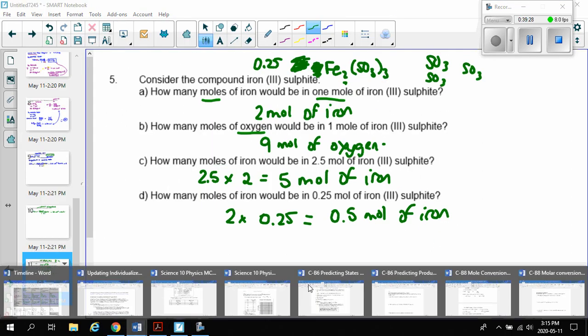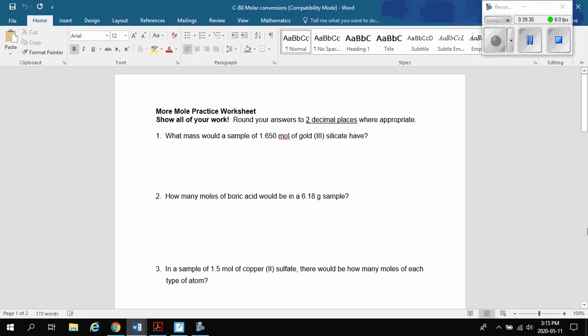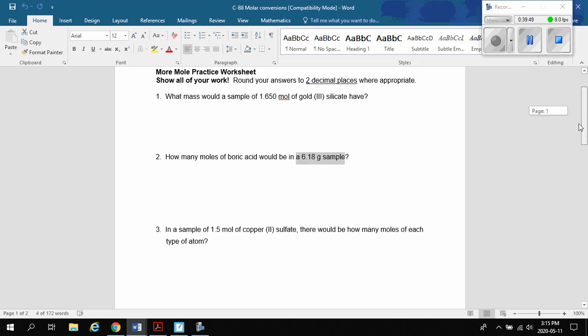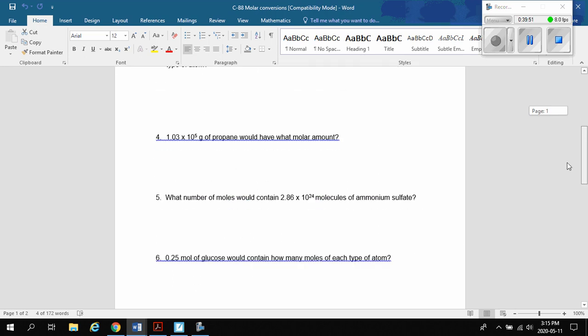Some of you were absolutely incredible in chemistry, you would sit and highlight words. So you'd say mass, moles, and write out your given. How many moles would be in this mass? How many moles of each type of atom? So you need to write out the chemical formula. What molar amount? So this is saying how many moles.